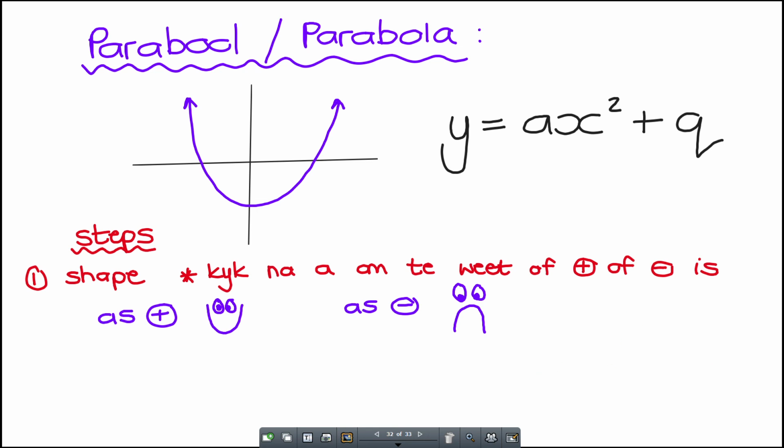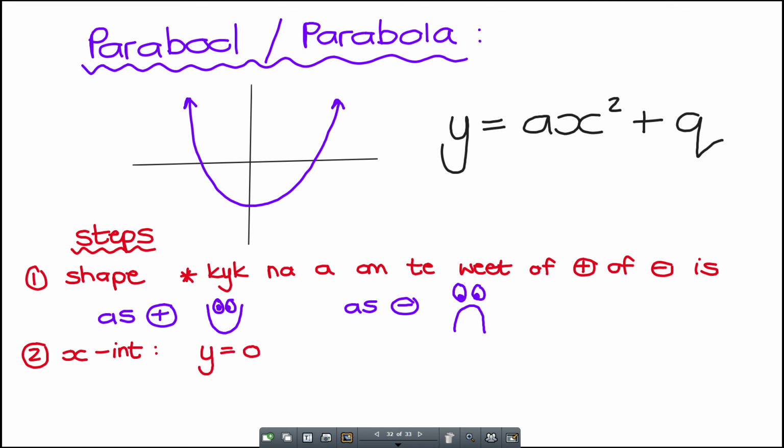Get your shape. Then, step 2. Get your x-intercepts. Nou, hoe kry ons nou weer x-afsnitte by 'n reguit lyn? Wat gaan doen ons? Maak vereindel, nee. So make y equal to 0.